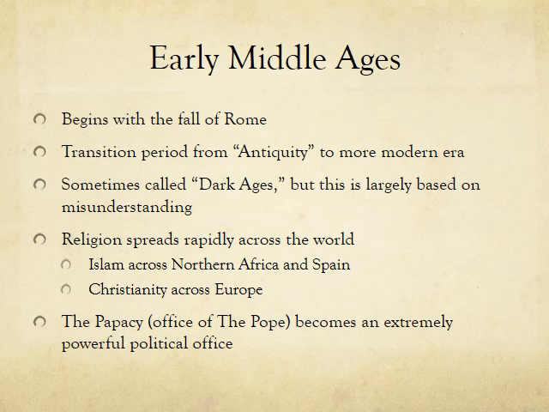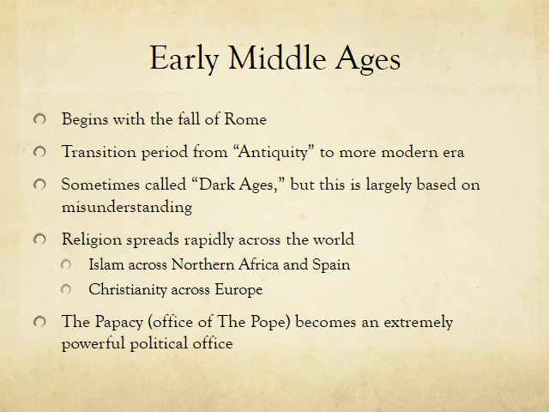All right, so the early Middle Ages, when Rome falls, and particularly in Britain or England, coincides with the Anglo-Saxon takeover. The Roman period is sometimes called antiquity, and the early Middle Ages is a transition from that period of antiquity into the more modern era, this new thing that will eventually be known by historians as the Middle Ages.